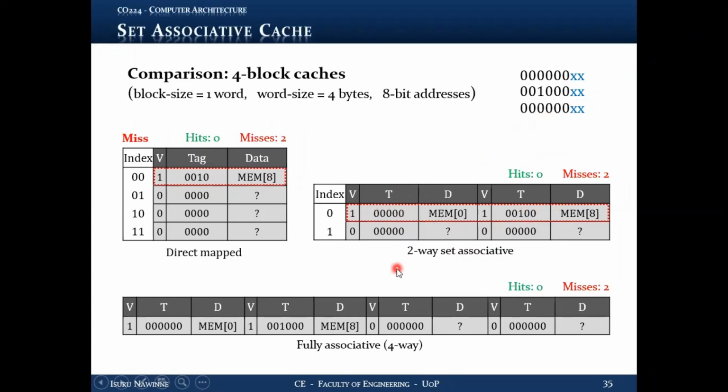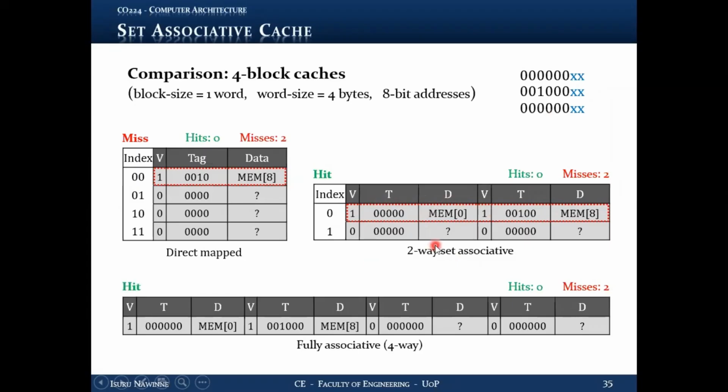So one of them will be a match with the valid bit set. So you are going to have a hit in one way of that particular set, right? The other is going to be an intermediate miss because the tag is not matching, but the final hit is coming due to the hit in this way, right? So it is a hit here in the two-way set associative cache.